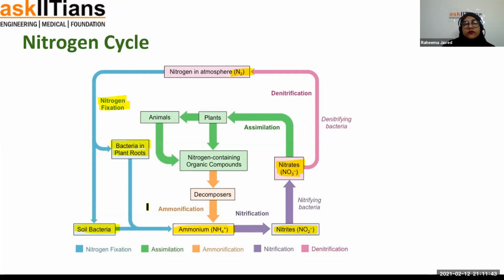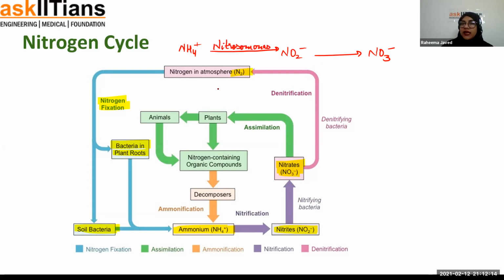So ammonium ion is converted into NO2 minus, and NO2 minus is converted into NO3 minus ions. Ammonium ions are converted into nitrites by nitrosomonas.